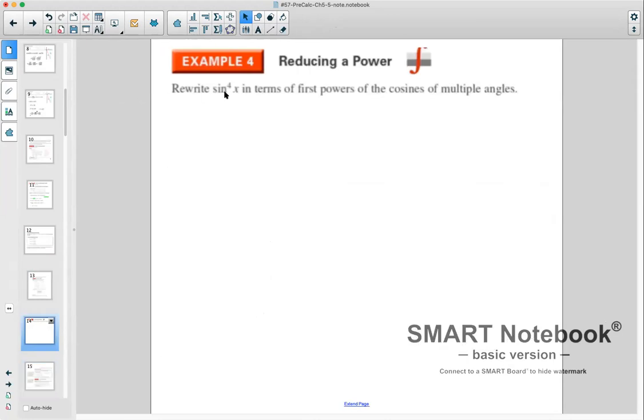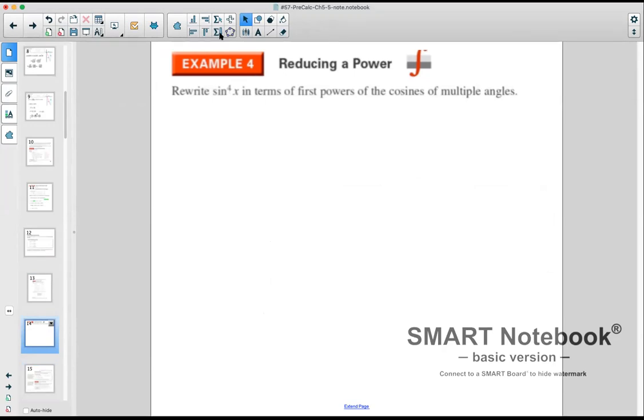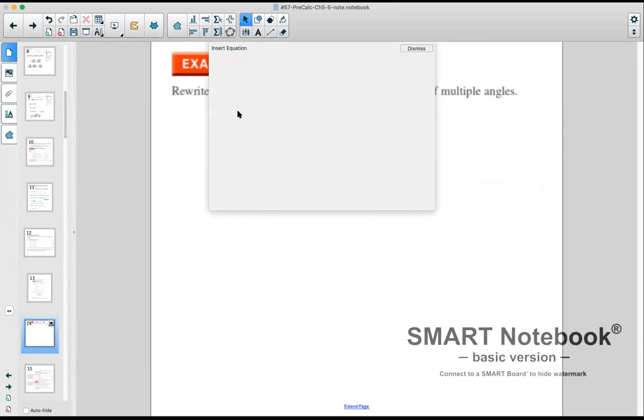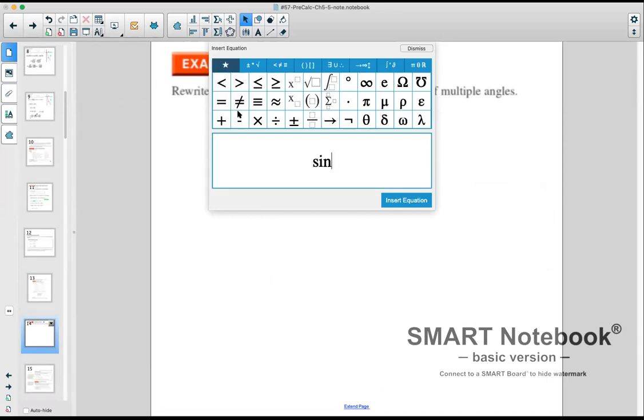Rewrite sine to the fourth power x in terms of the first powers of the cosine and multiple angles. So I give you a little hint. Maybe you might already understand this one. Sine to the fourth power is a little bit too complicated. So what I do is write sine to the second power of x, put the parentheses out, and to the second power.